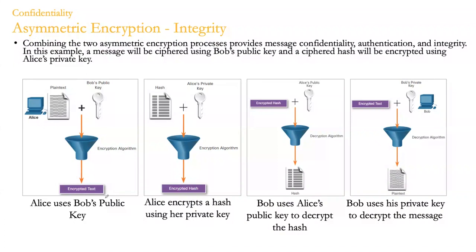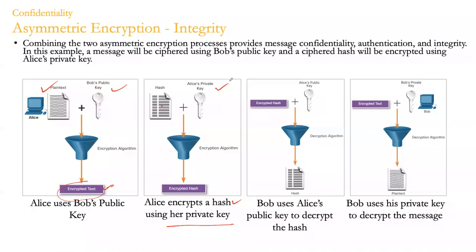That encrypted message goes through a different process. The plain text is encrypted with Bob's public key. Then Alice encrypts the hash using her private key. Why?